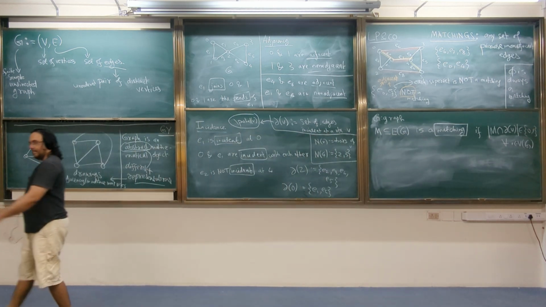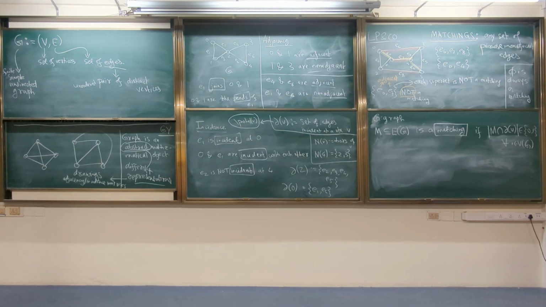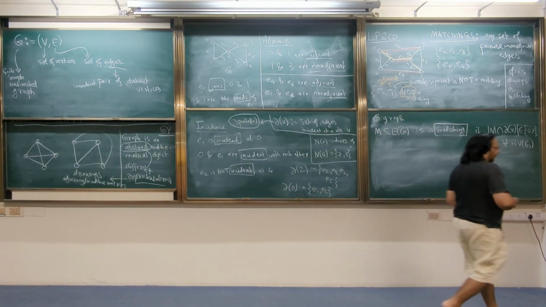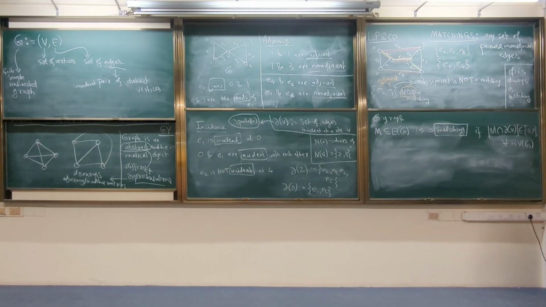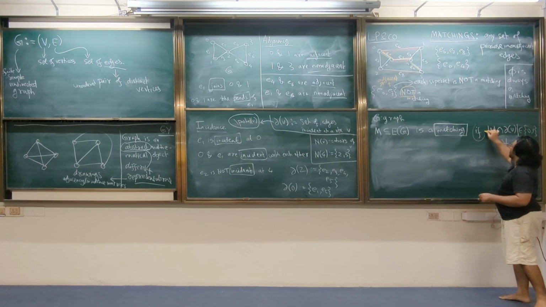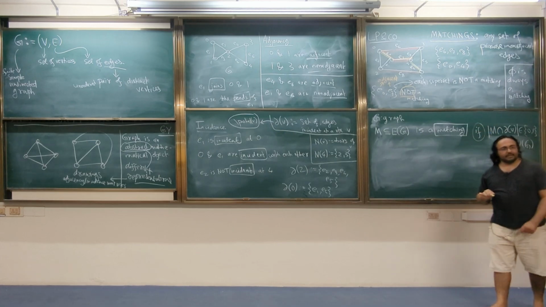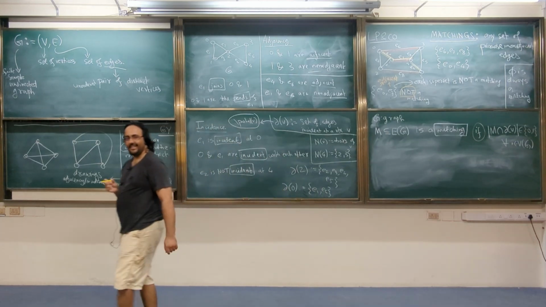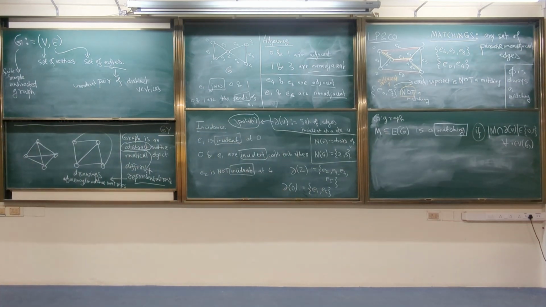So that's matching. Since some of you are not coming from math backgrounds or maybe even CS backgrounds, I want to have a brief discussion about this. Do you see where I'm going?